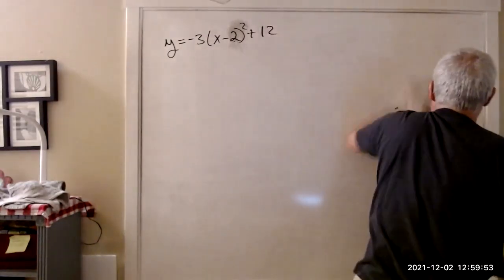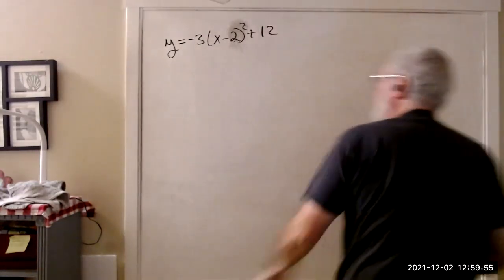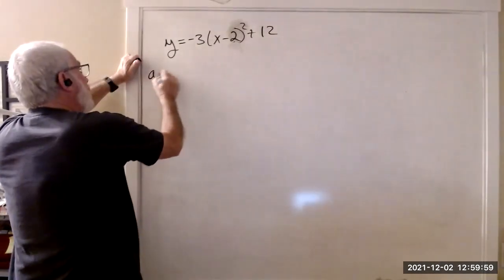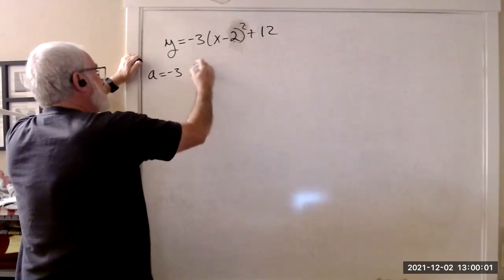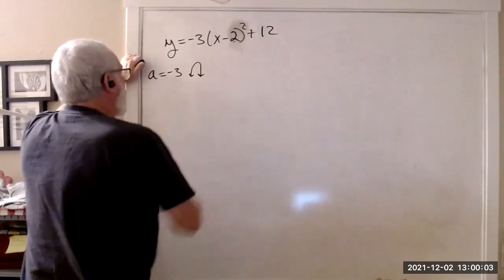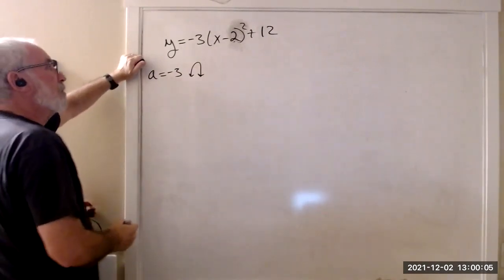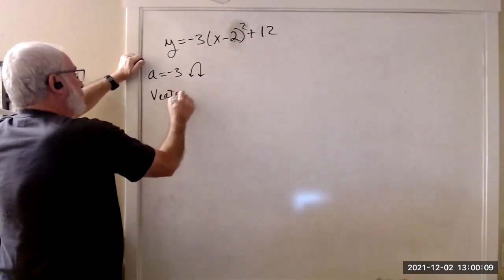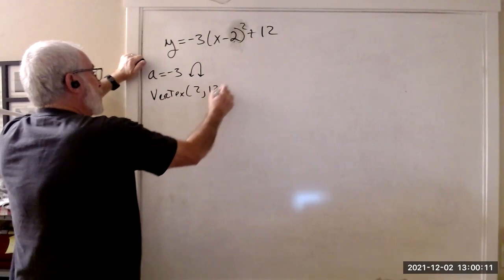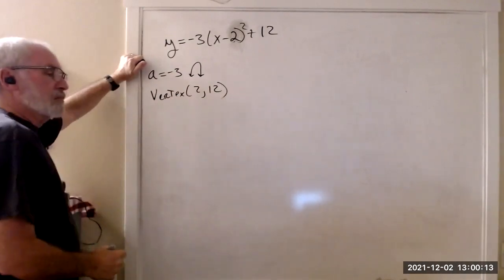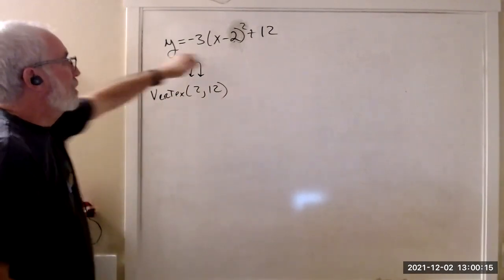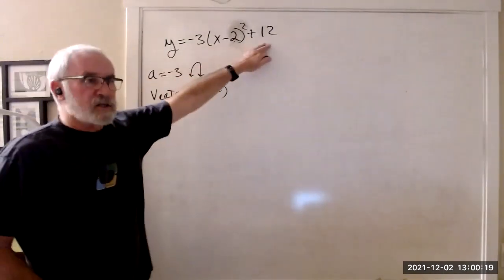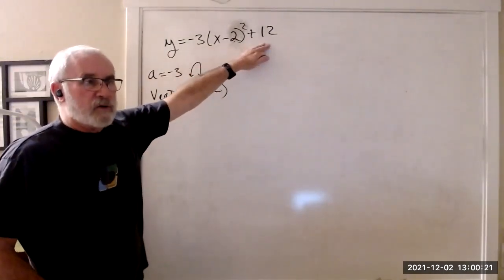So, having said all of that, let's do this problem. A is -3, which means this problem is going down. Okay, the vertex is 2, 12. Take the opposite of what we see inside, 2, take exactly what we see outside, 12.